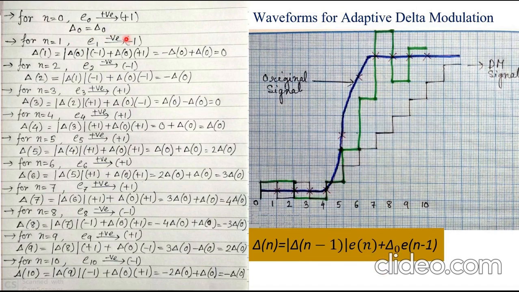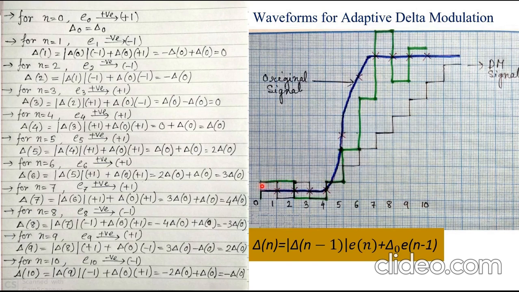So it is plus delta 0. So from there the step size is delta 0, like this. Okay. So it is plus delta 0, and the step size delta 0 is like this.